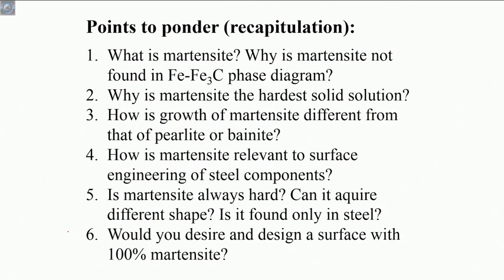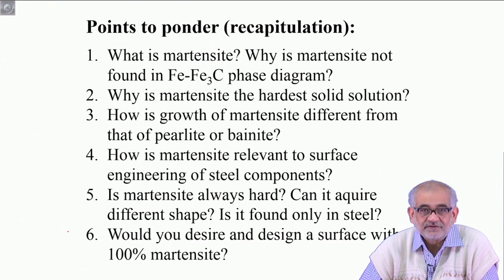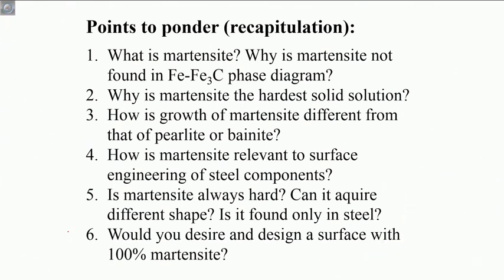Why is martensite relevant to surface engineering at all? It is purely because very soon we will start discussing various techniques for surface hardening, and whenever we talk of surface hardening of steel, we will definitely invoke the concept of formation of martensite on the surface. We would like to create a situation where we heat the surface to the austenitic state, make it austenite, and then by rapid quenching convert the surface into martensite, but not the core.